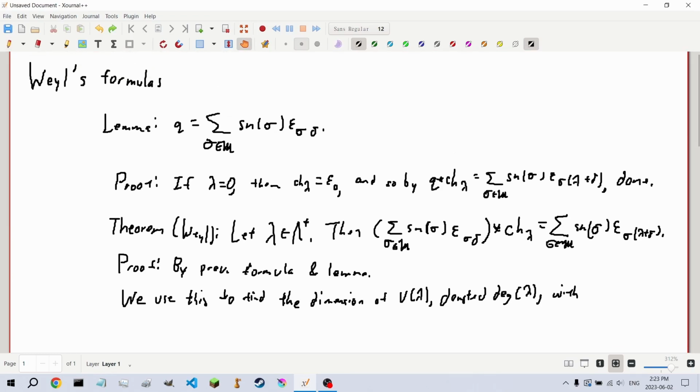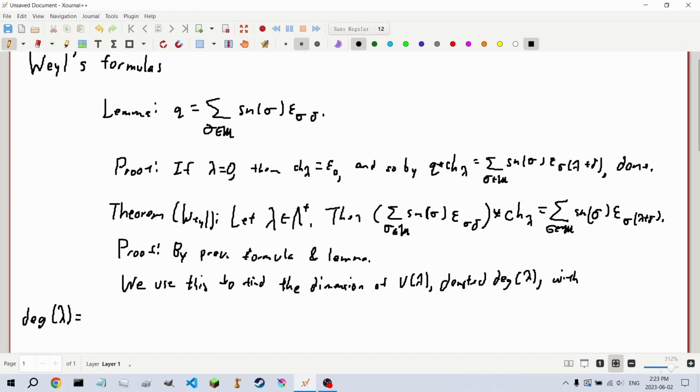The degree of lambda being the sum over mu in pi lambda of m lambda of mu.